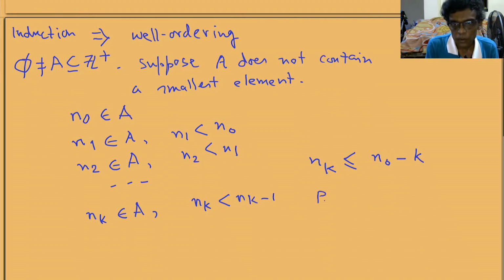But then if I put k greater than or equal to n0, we see that the kth element that I can choose from A under this assumption is either 0 or negative. But A is a subset of Z plus, which is impossible. So this once again provides a contradiction and proves that any non-empty subset A must have a smallest element.